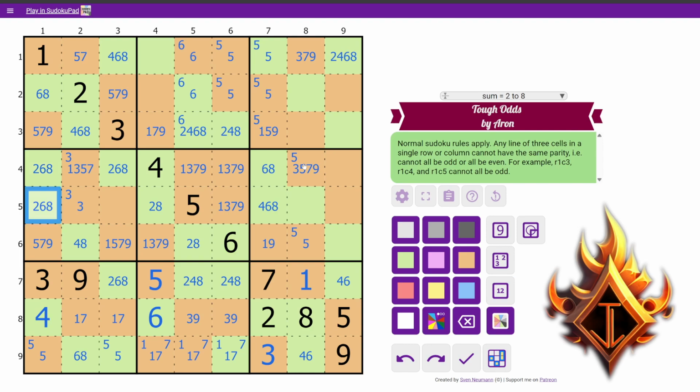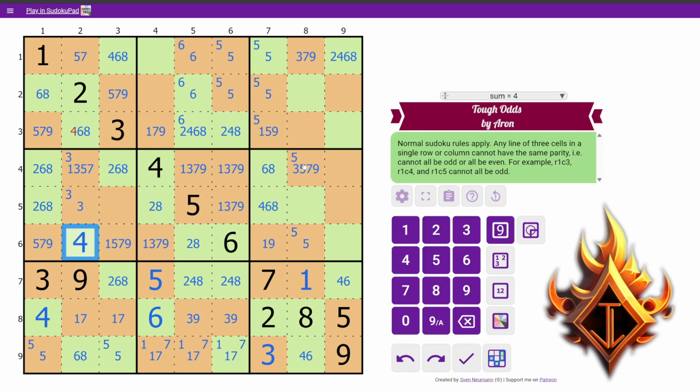This is a 2, 6, 8 combo here, right? So this has to be the 4. So now the 4 is in one of these. This is not a 4, and now we've made a 6, 8.